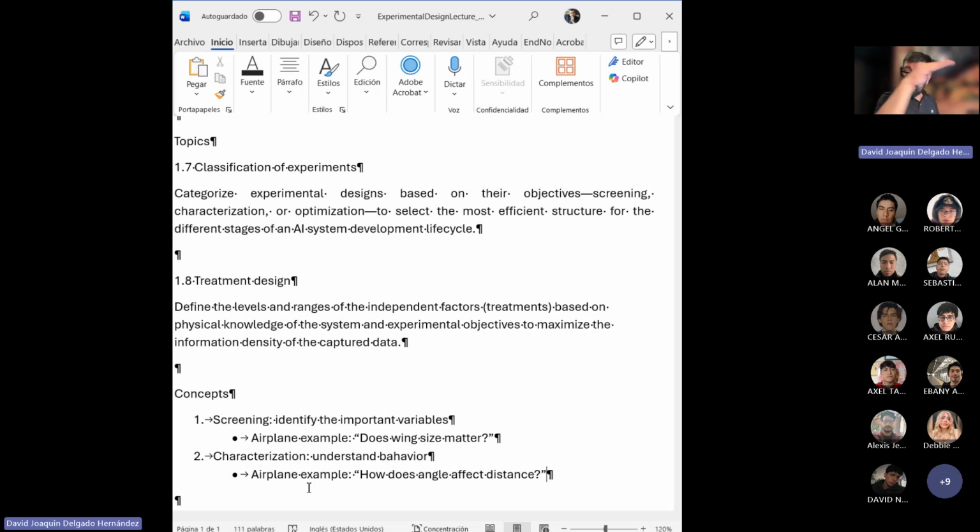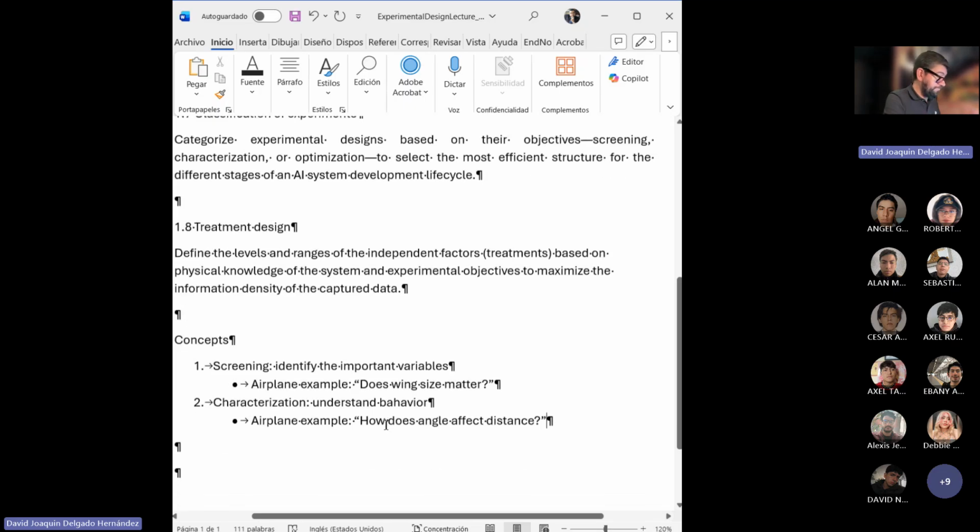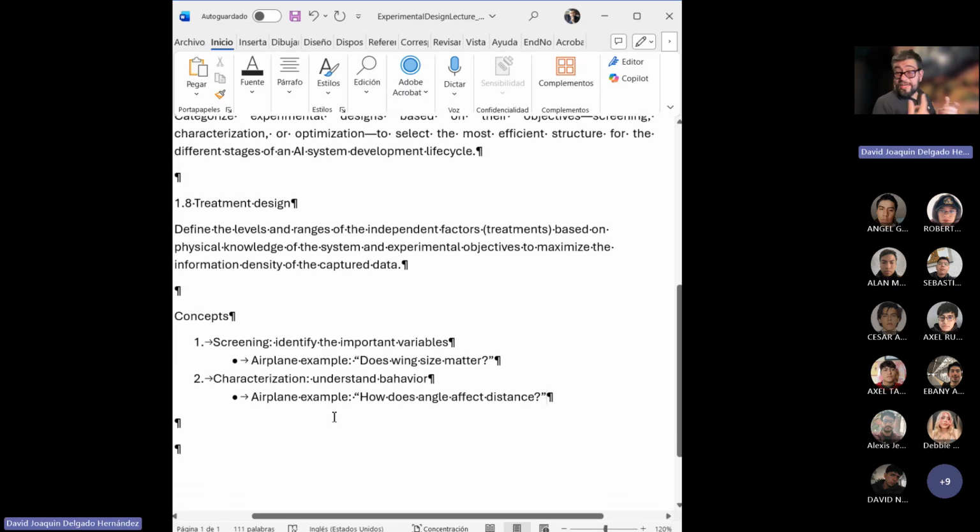So I am going to reach different distances, okay? So this characterization of this variable, the angle, I have to select different angles, for instance, 15 degrees, 30 degrees, 45 degrees, 60 degrees, and so on, in order to characterize this variable, okay?